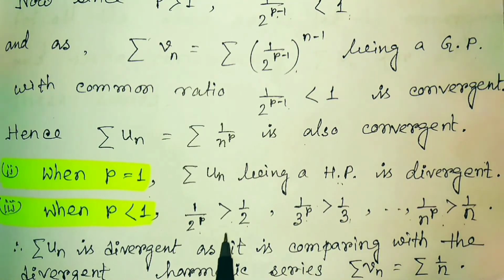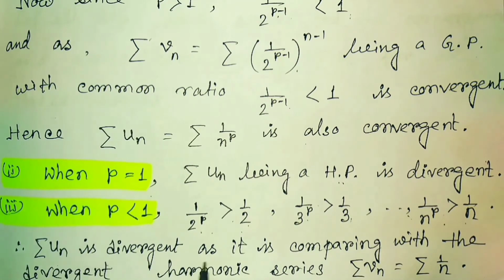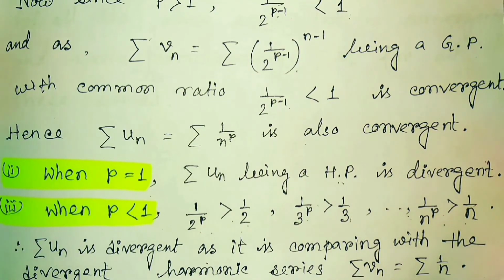So if we say the HP is the Vn, our comparative series, that is an infinite HP series, and with respect to that, we say Un is divergent, as the infinite HP series Vn is a divergent one. So from here we can say that the p series is convergent if p is greater than 1, and it is divergent when p is less than or equal to 1.